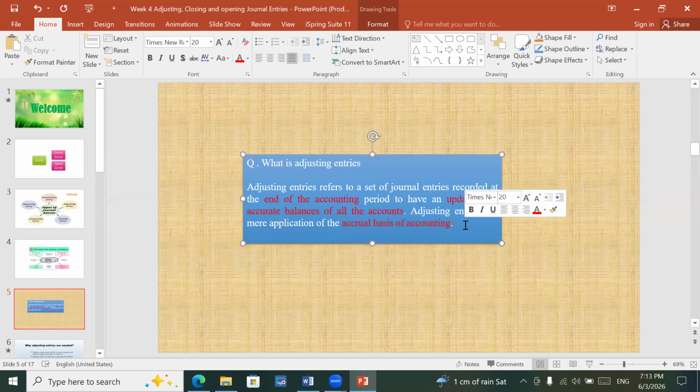Accrual basis of accounting, you know that in accounting there are two bases. The accounting operation deals with two bases. Number one, cash basis. Number two, accrual basis. Cash basis means when you make a cash payment or cash receipt, at this time you need to record it. But in accrual basis you recognize expense or income, and the cash payment will occur in the future.